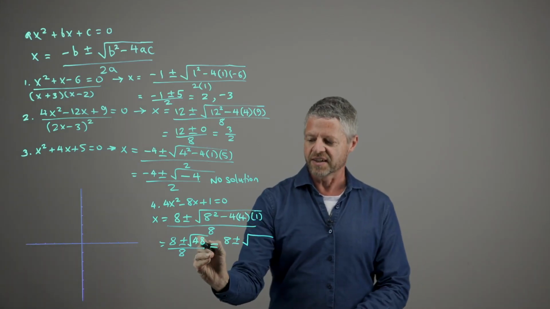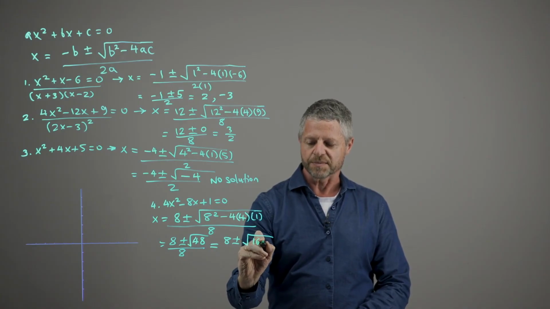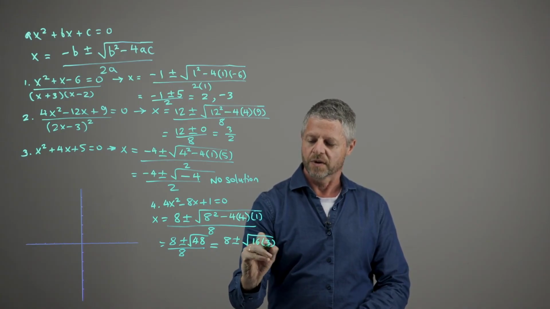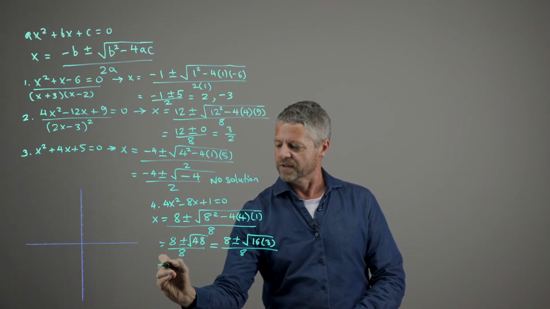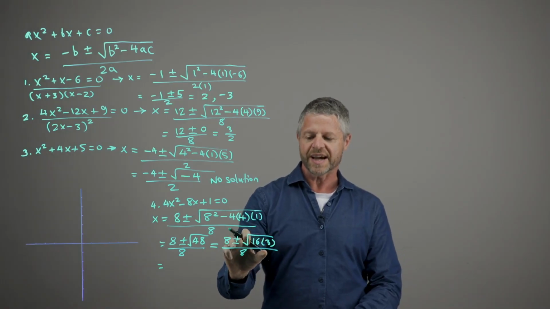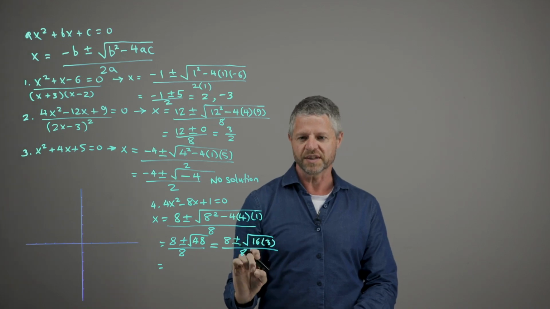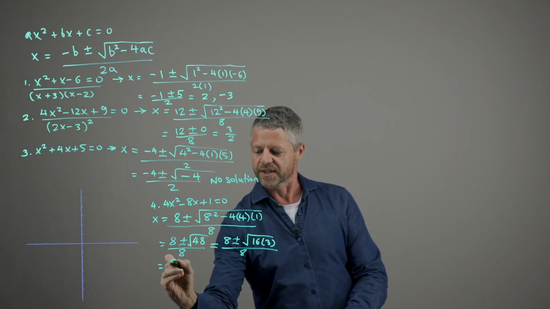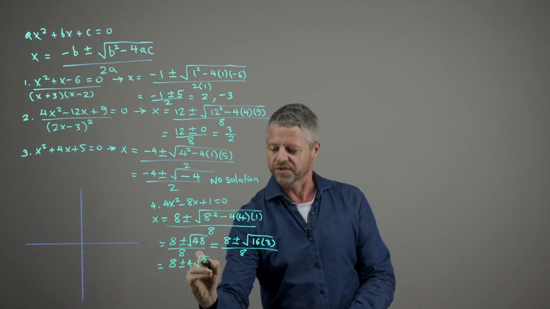So 48 is also equal to 16 times 3. So now I can take the square root of 16, pull that out of the square root sign as a 4, because the square root of 16 is 4. So now I'm going to have 8 plus or minus 4 times the square root of 3.